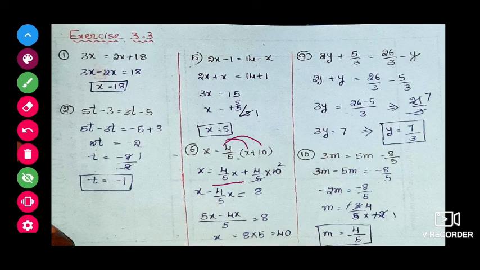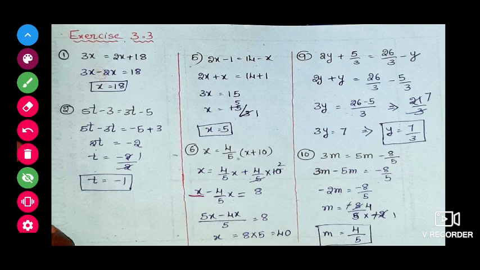Here 5 ones are 5, twos are 10. That is 4. What else is remaining? 4 twos are 8. Next, now send all the variables to one side. So here the variable 4 by 5x, if it comes this side, minus 4 by 5x. x minus 4 by 5x is equal to 8. Now here nothing is there as a denominator.